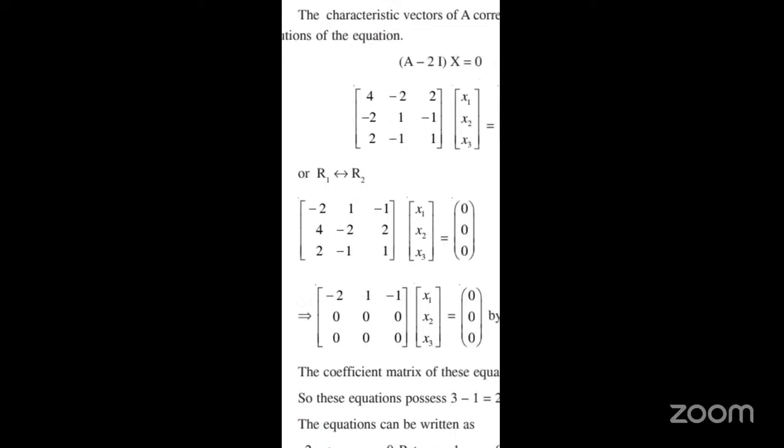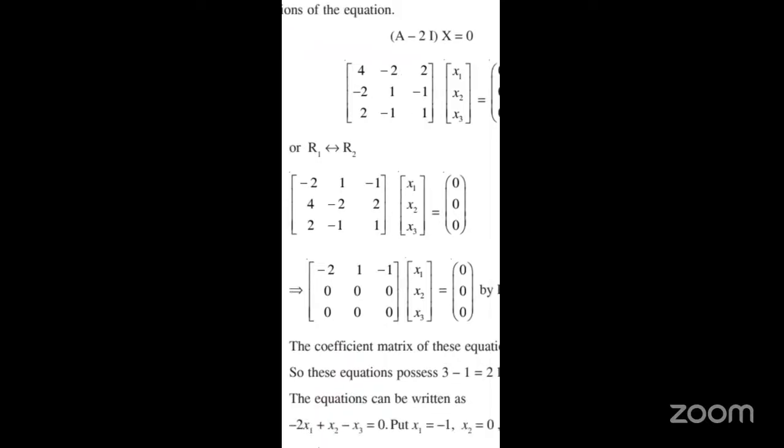Then we take the second row and write it as the first row, and the first as the second row. After the simplification, one of the equations is minus 2x1 plus x2 minus x3 equal to 0.